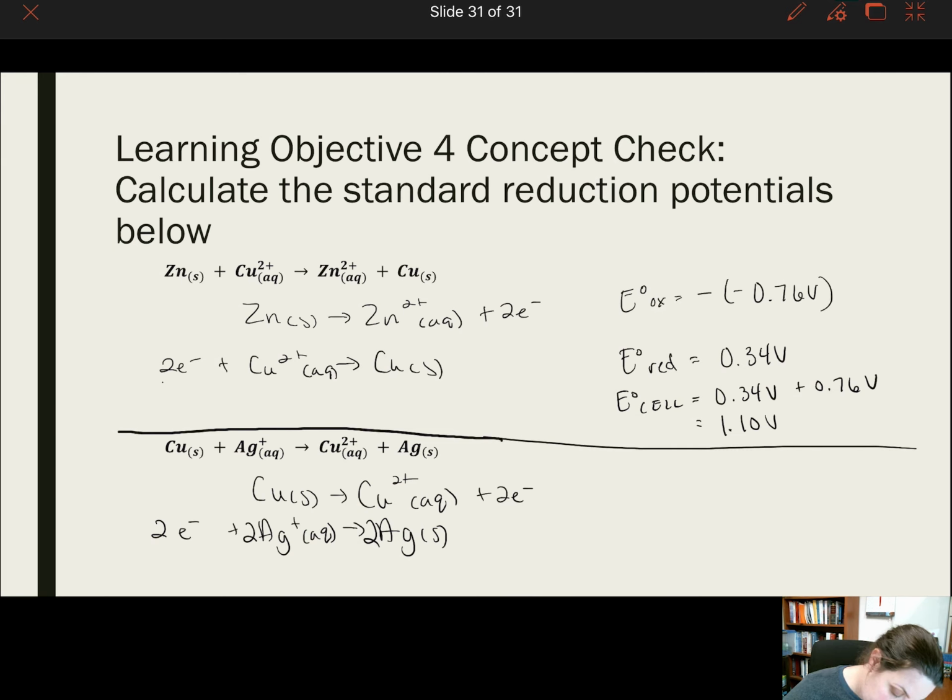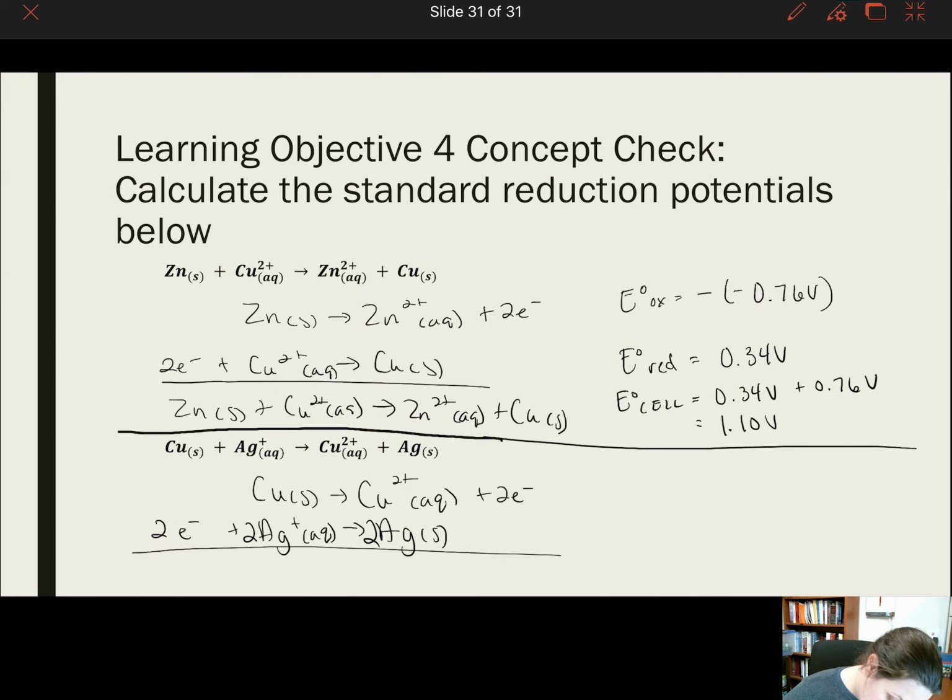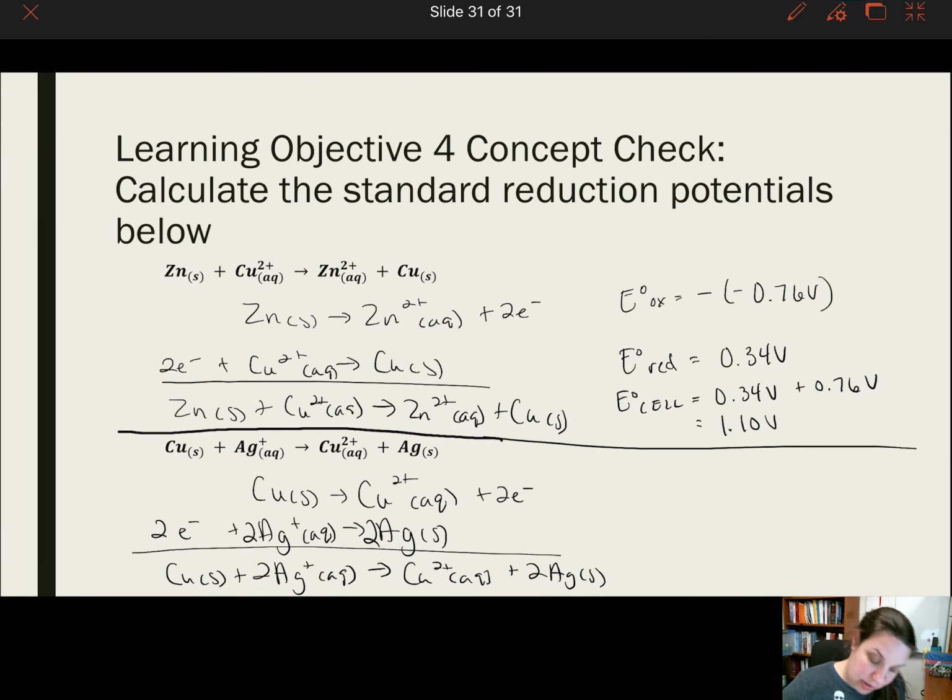I forgot to combine these real quick. When we combine these, we get Cu solid plus 2Ag+ going to copper 2+ plus 2Ag solid. So the top one is an oxidation, so we'll take the negative of our reduction.